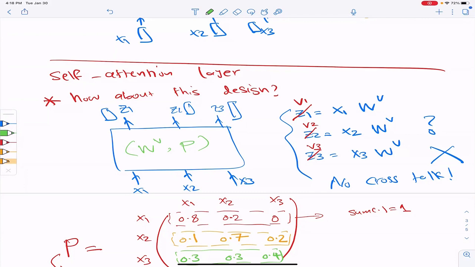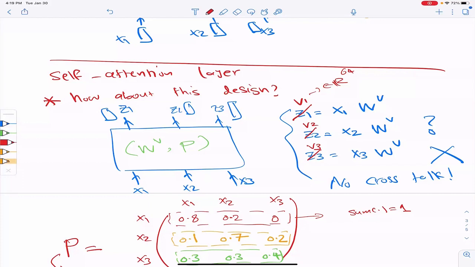In fact, in the original design, the V's have lengths of 64 compared to the original 512. But there is no fundamental reason for now. So WV is not a square matrix? No, it doesn't have to be a square matrix. Not yet any condition. Free like a bird. Just clarifying, you're talking about WV, right? Yes.